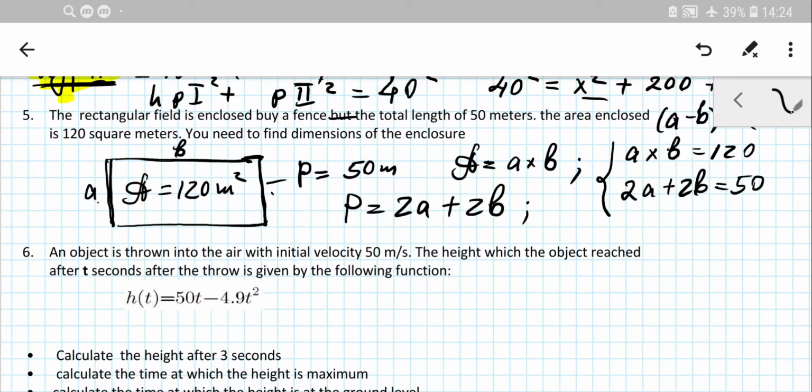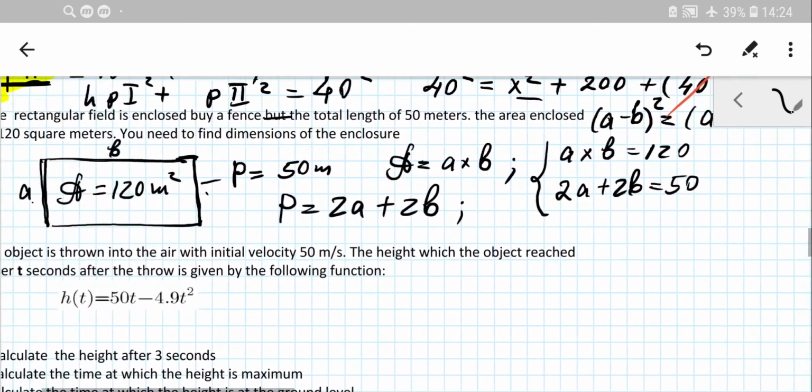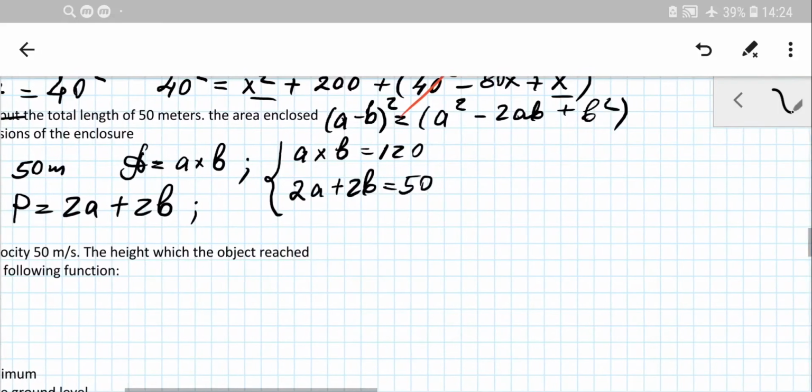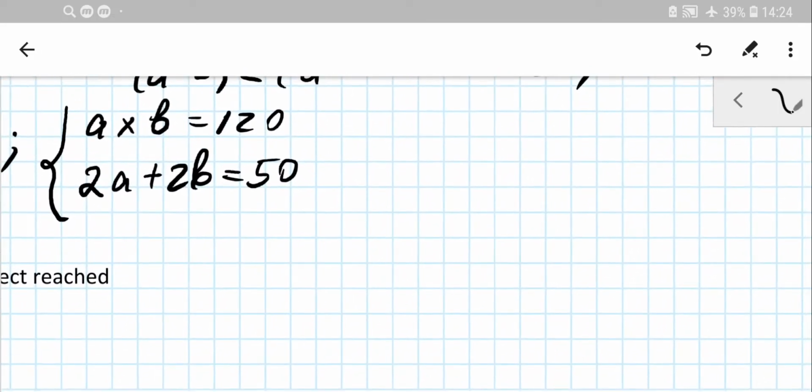And right now we are going to solve the simultaneous equations, as we need to find a and b as dimensions. So we've got a times b from the first equation, and the second one. To solve a system of equations, you simply express one variable through another, let's say a through b.